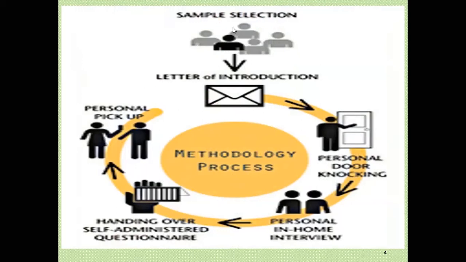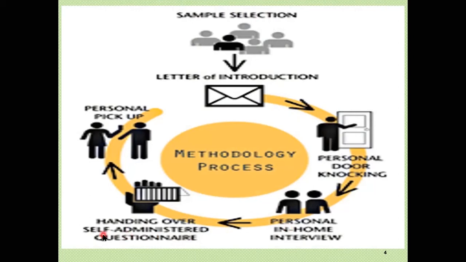But first of all, how does this process start? This process starts with sample selection. After selecting your sample, the first thing is that you are required to provide a little introduction. That means you should introduce yourself to your respondent, and then probably you can go to their home or office, knock on their door, and request them for a home interview.